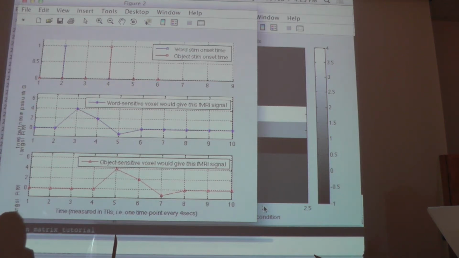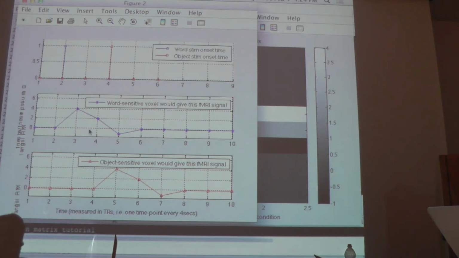Okay, so now we actually are in a position where we can say, okay, these are our predictions. Now we can look at a real time series. It's going to be a pretend time series in this case, but a real time series, and say, okay, I recorded this time series from some voxel, and it's going to be some kind of mixture of this plus this, some amount of this.